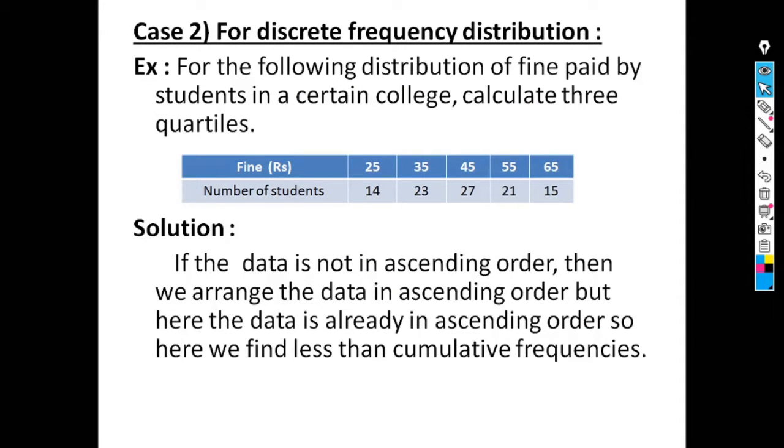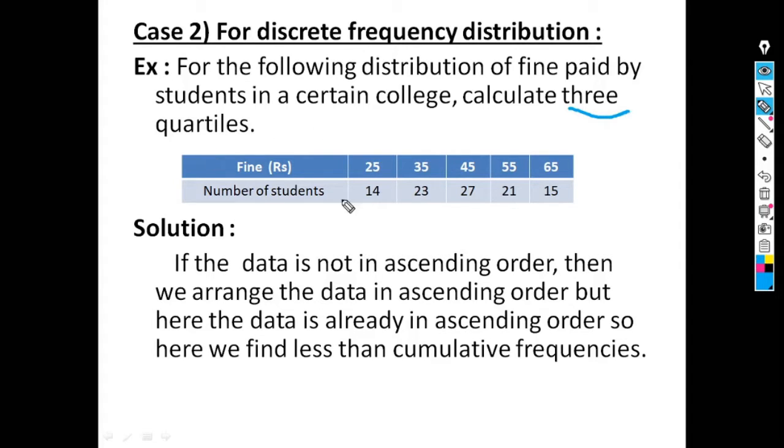Now let's understand how to calculate quartiles for discrete frequency distribution through an example. Discrete frequency distribution means single observation along with frequency. So the example is: for the following distribution of fine paid by students in a certain college, calculate 3 quartiles.